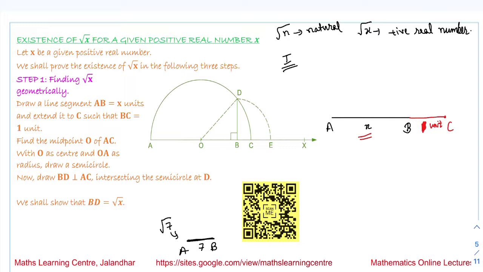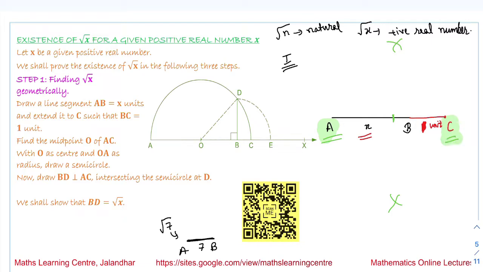Irrespective of the value of x, we extend this line by a unit length and we call this point C. Then in the next step, we take the compass and bisect, we find the midpoint of this. We keep the compass at these endpoints and mark the points like this. You will get the midpoint of AC.